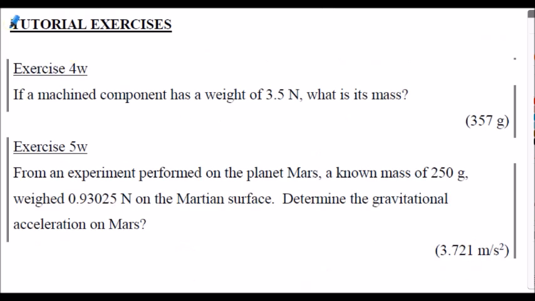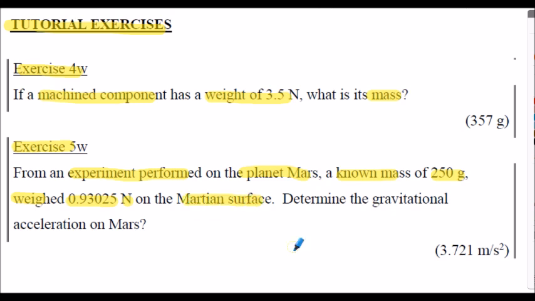Tutorial exercises continued. Here is exercise 4. A machine component has a weight of 3.5 newtons. We've got to determine its mass, so there's a bit of transposition required there. And exercise 5, from an experiment performed on the planet Mars, a known mass of 250 grams weighed 0.93025 newtons on the Martian surface.